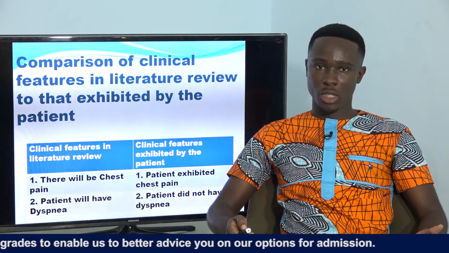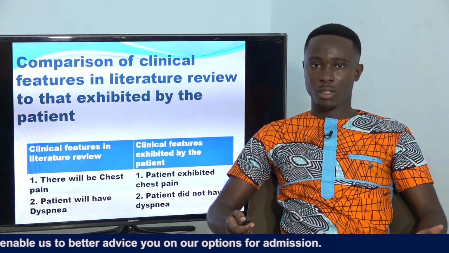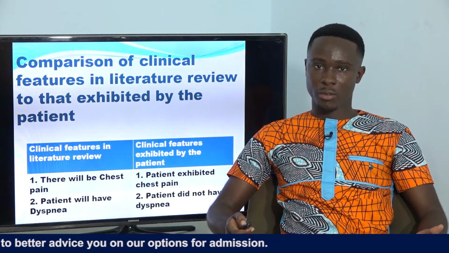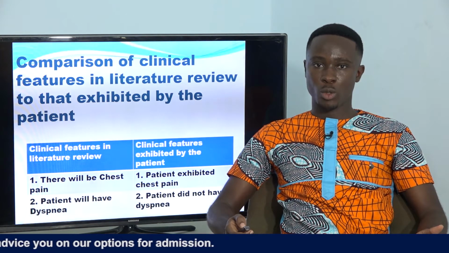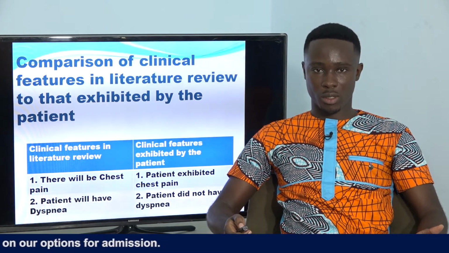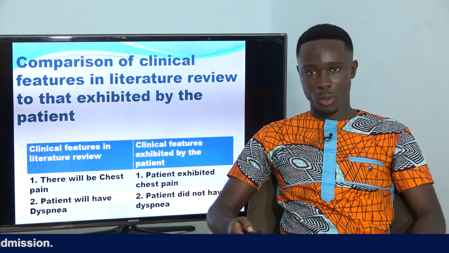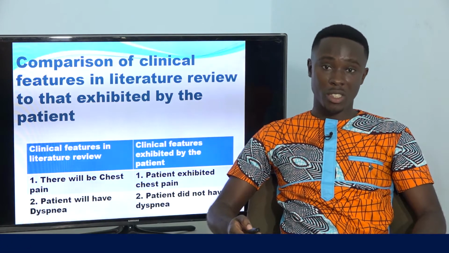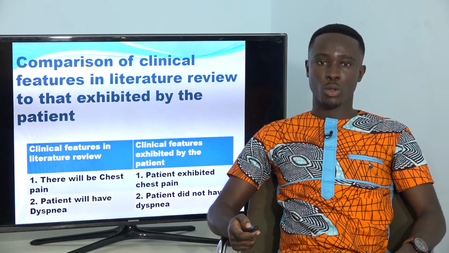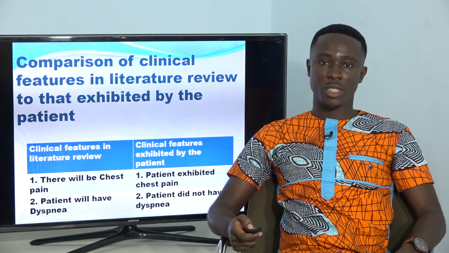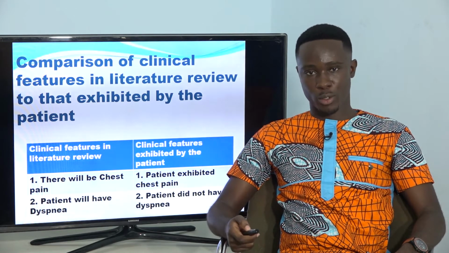The title of table 2 is comparison of clinical features in literature review to that exhibited by the patient. The headings are clinical features in literature review and clinical features exhibited by the patient. So you have to state clinical features in literature review in sentence form.